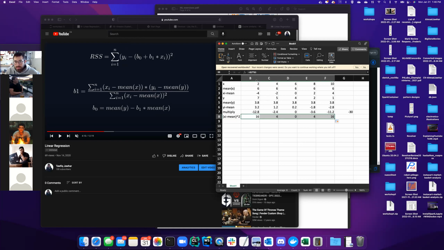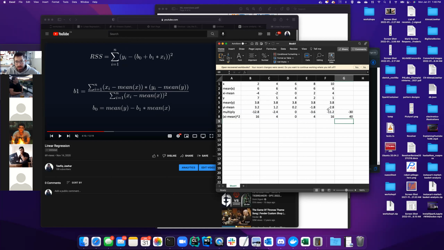And we do that for all of the x's we have, and then we sum them up. And we have the bottom part of the fraction to be 40.